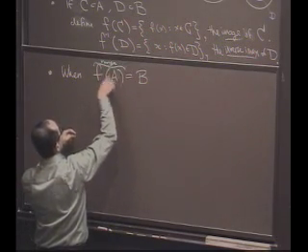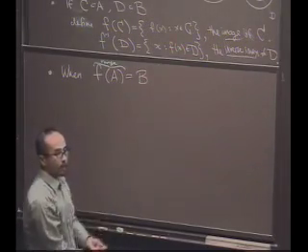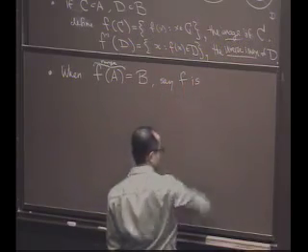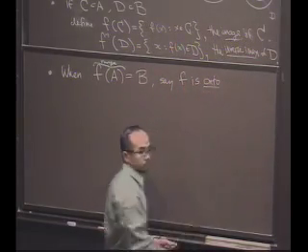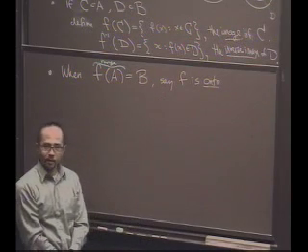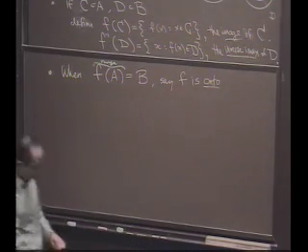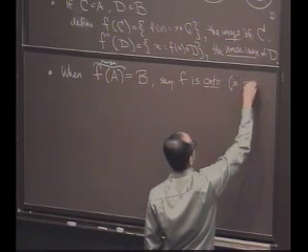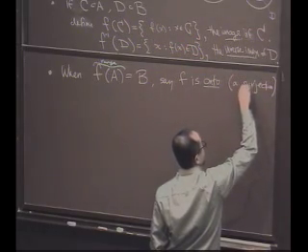It's the image of everything in A. When the range is all the codomain, then we say that F is onto. It's an onto function. There's another word that was actually popularized by a group of French mathematicians. We say it's a surjection. Or if you're French, you might say surjection.